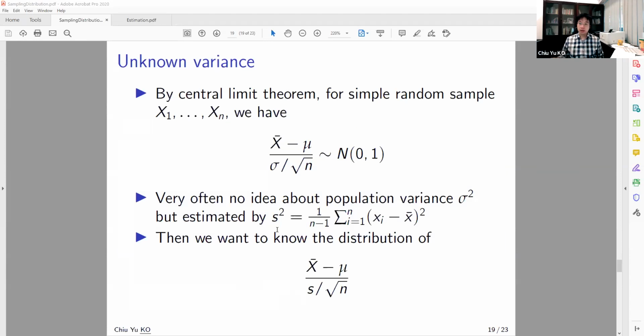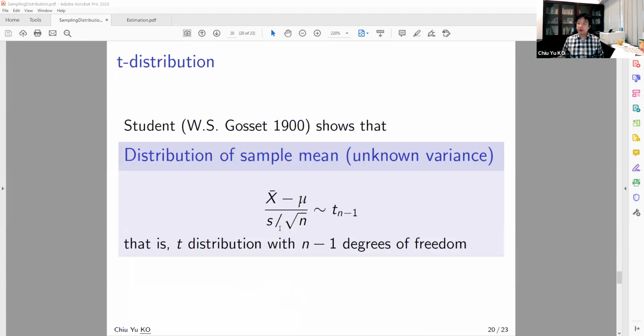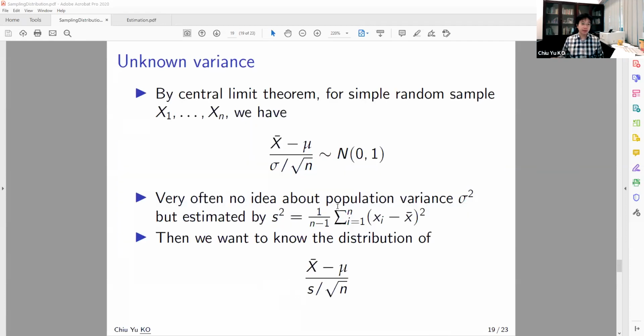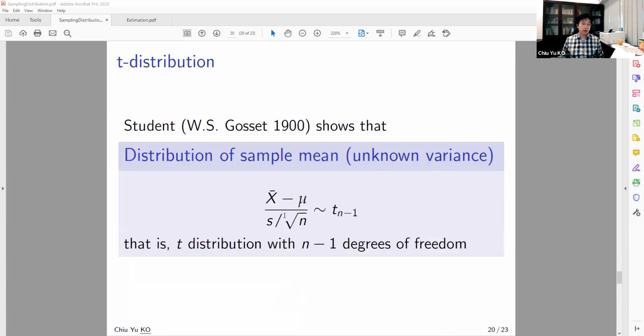So now, roughly speaking, you know why we have t. We use the sample variance with n minus 1, and that's why this has a nice distribution. Of course, we'll give you further justification in this class.